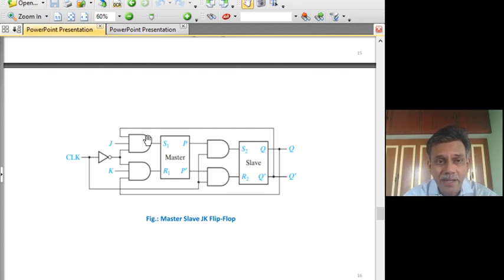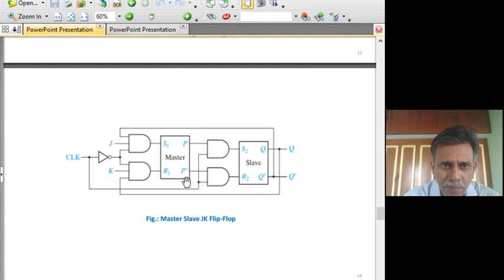A more detailed working we will see in the next slide. If the clock is initially 1, then this 1 will go here and it will open up these two gates.